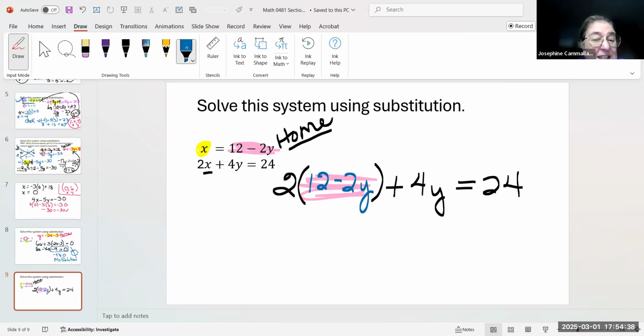Now notice what we get. 24 minus 4y plus 4y equals 24.